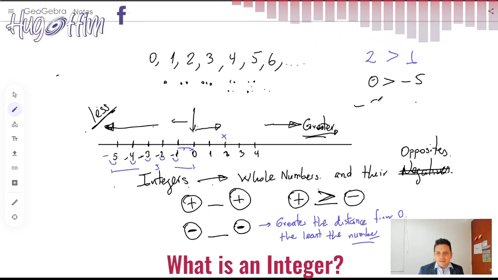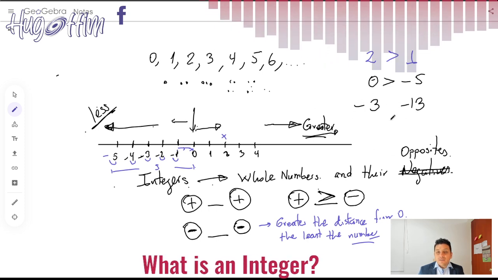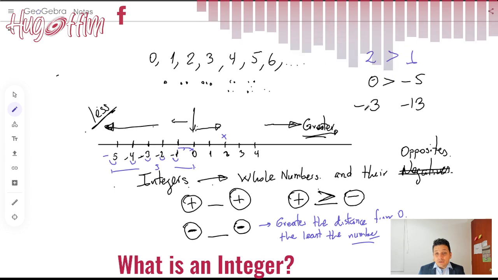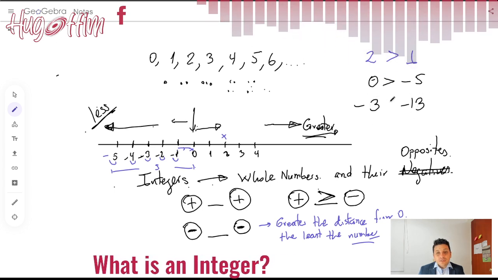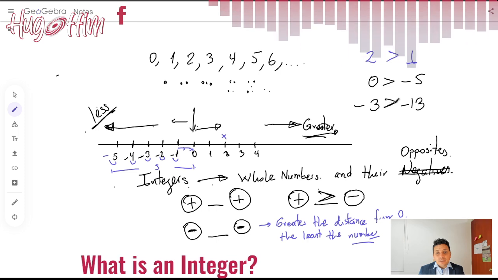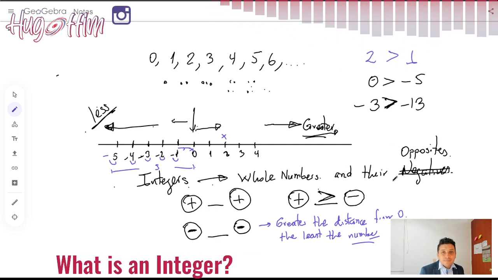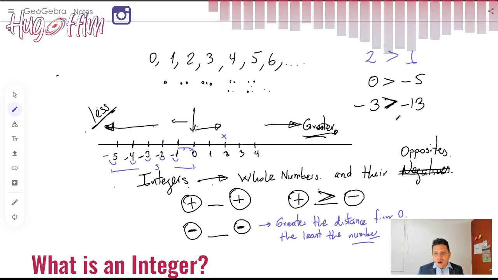And what happens if I have negative 3 and negative 13? I'm just going to get that the distance from 0 of 3 is less than the distance of 13, so negative 3 is greater than negative 13. Or you can think of the opposite.